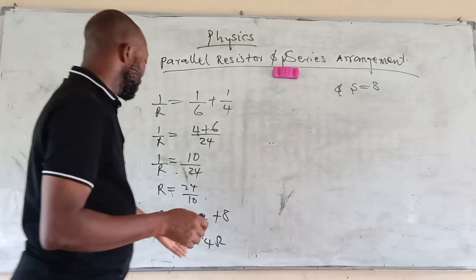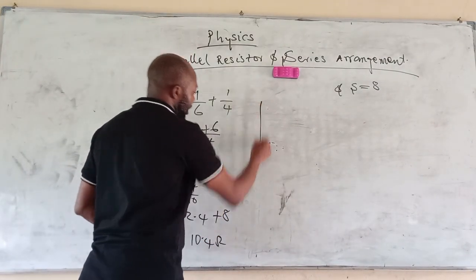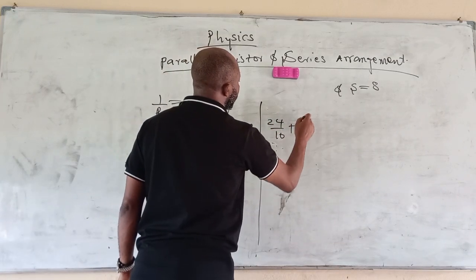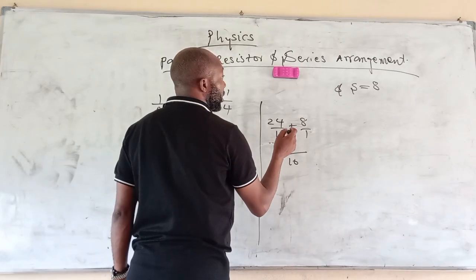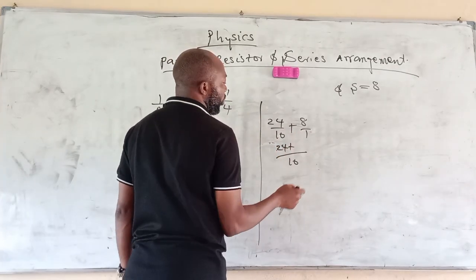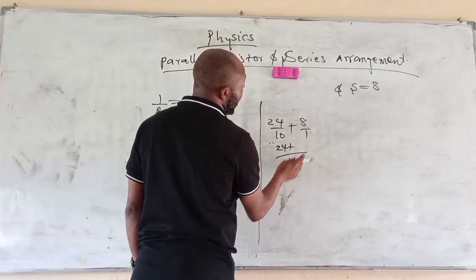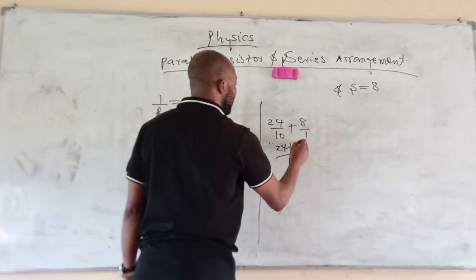Either you do it this way, you're correct, but you can still move on from here. Let's take another option. We have 24 over 10 plus 8 over 1. Our LCM here is 10. 10 divided by 10 is 1, times 24 is 24, plus 10 divided by 1 is 10, times 8 is 80.